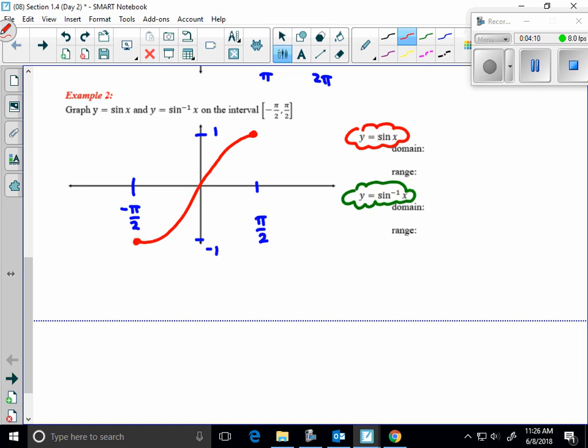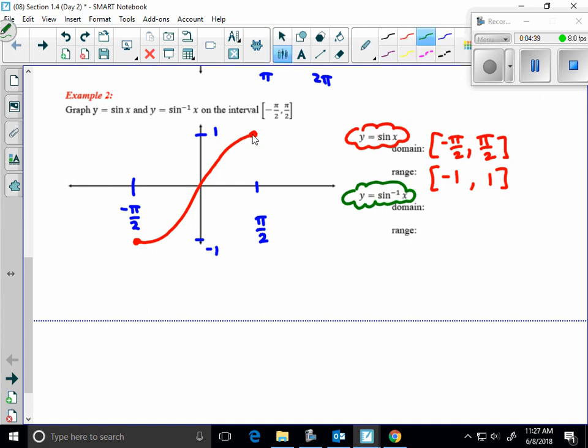Okay, so now we're going to graph the inverse sine of x on that same set of axes. But first, I do want to talk about domain. So what is the domain of sine x in this case? Well, we had artificially restricted it to negative pi over 2 to pi over 2. And its range, as we know, goes from negative 1 to positive 1. All right, so what's going to happen with our inverse?